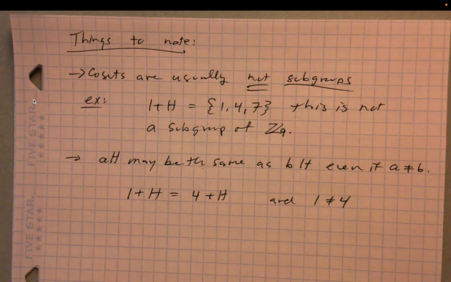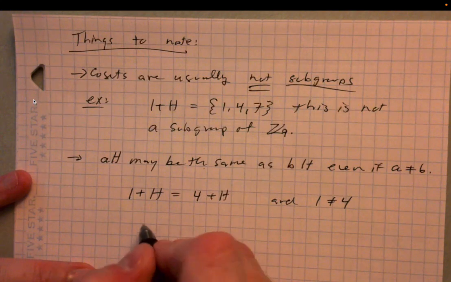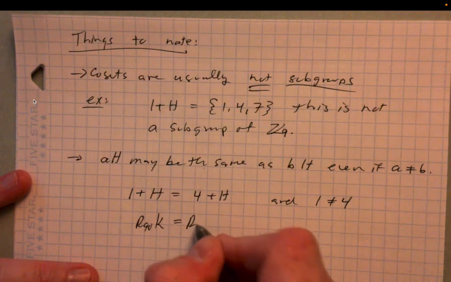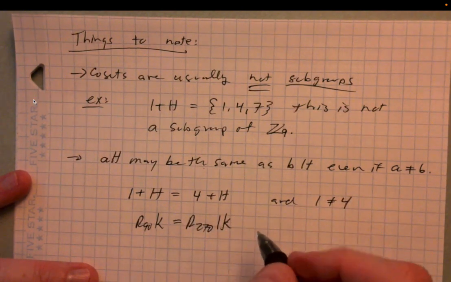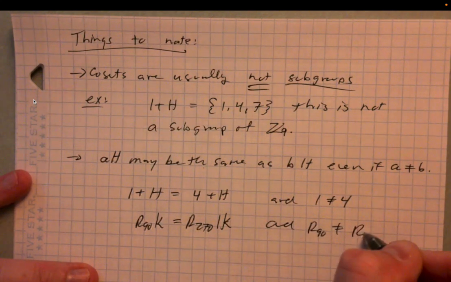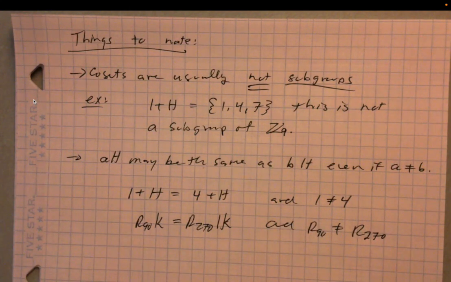So this is worth pointing out: you could have two cosets that are equal as sets, but the elements that were used to generate the cosets may not be equal, the 1 and the 4 in this case. In a previous example, we saw that R90K was equal to R270K, and obviously R90 is not the same as R270. So we've seen examples of these already.